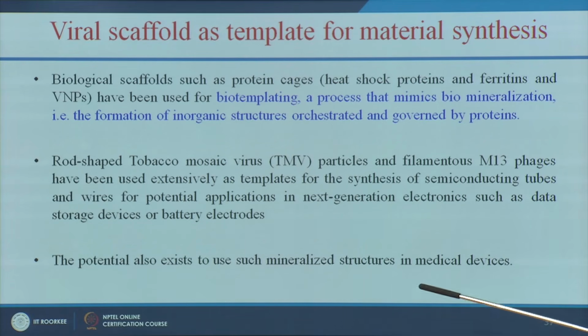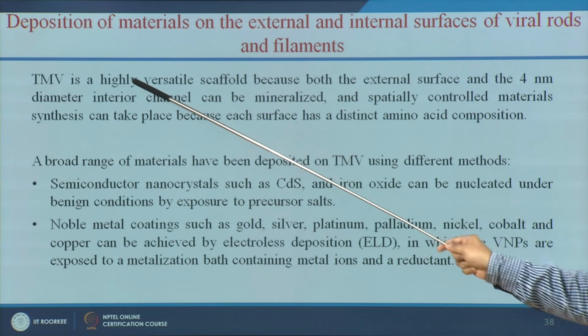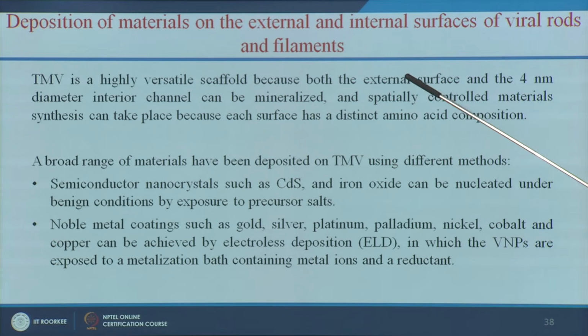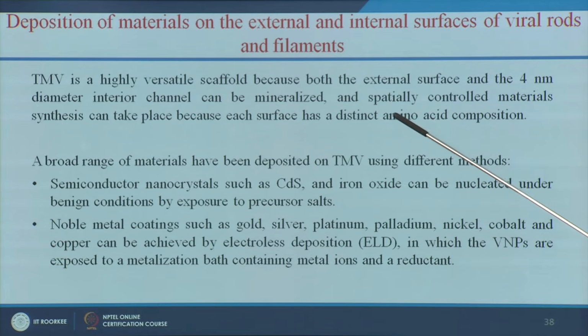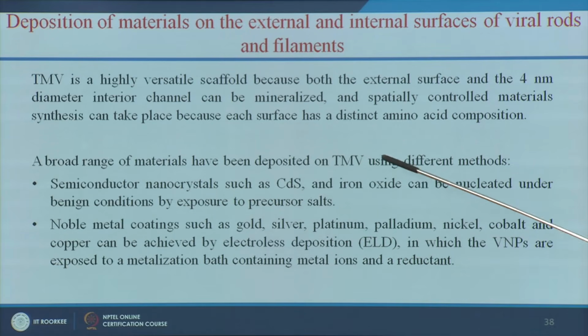So let us see how we can use it. This TMV virus is a highly versatile virus because it has an external surface and an internal surface, and both the external surface and the internal surface have the capacity to mineralize. Okay. The interior is only 4 nanometers, and again we can deposit a broad range of materials on this TMV.